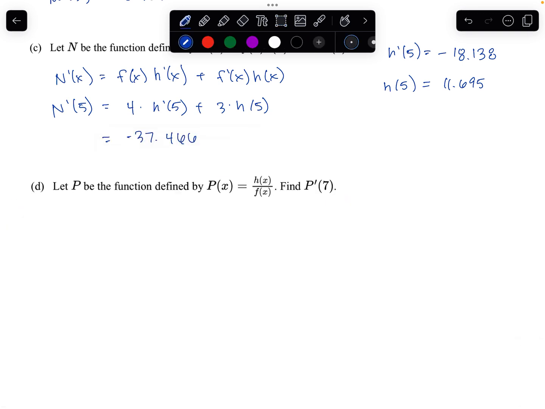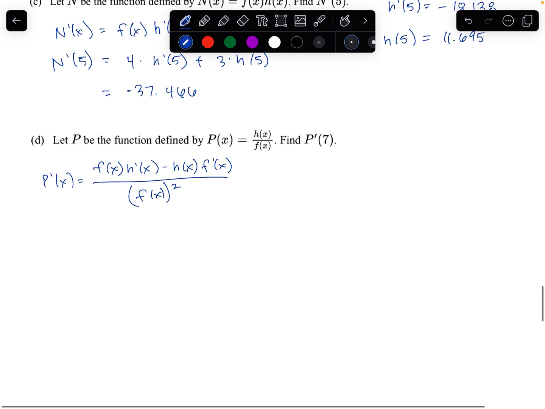Okay, and then for the last part, for the function p, so p prime of x, we're going to use the quotient rule. So low d high minus high d low, square the bottom. Away we go. Okay, so let's get the values.